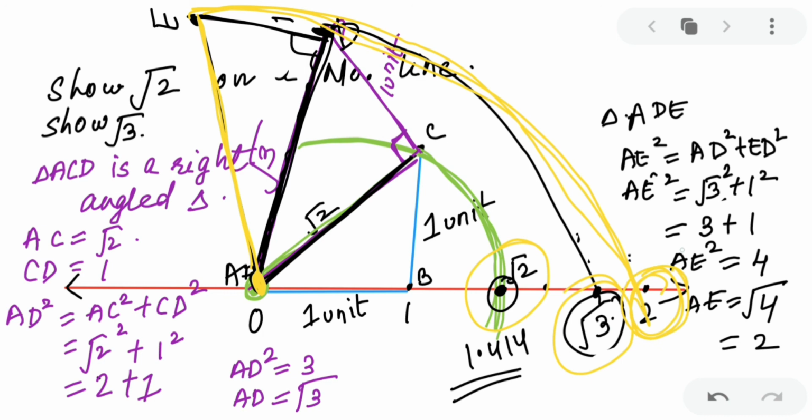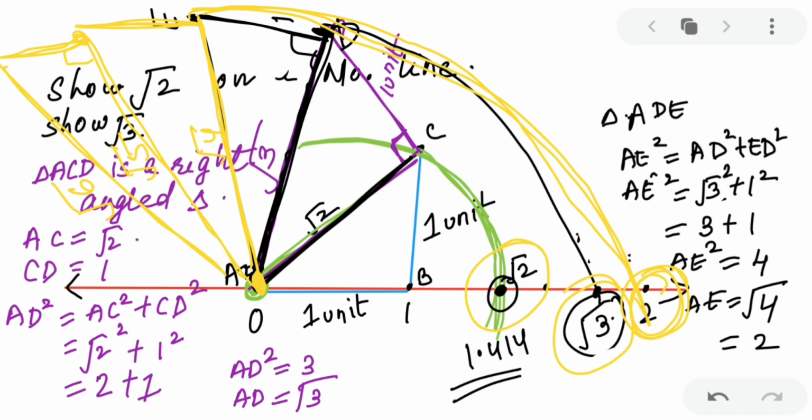You can move forward again at this root 4. You can put a 1 unit line from here, make a triangle, and you will notice you will get it here as root 5. Getting my point? Again at root 5, if you make a 90 degree 1 unit triangle, you will get here the value of root 6. Are you getting my point clear?